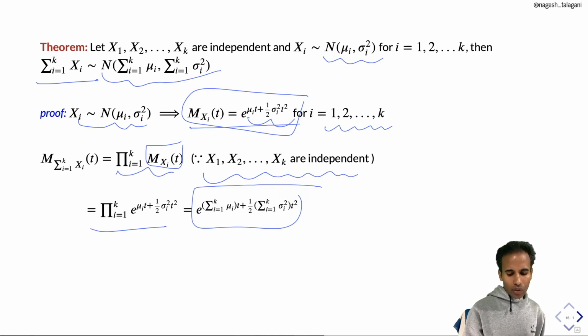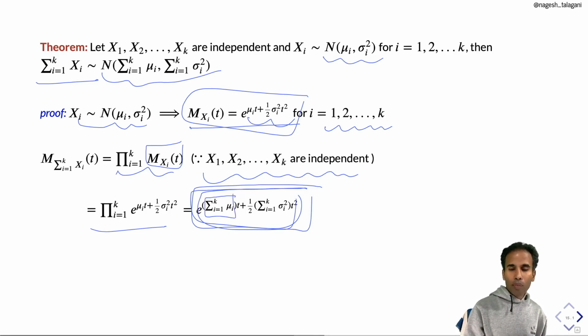Okay, so this is the MGF of summation Xi from i equal to 1 to k, and again this can be recognized as the MGF of normal distribution with the mean parameter summation mu i from i equal to 1 to k and variance parameter summation sigma i square from i equal to 1 to k.